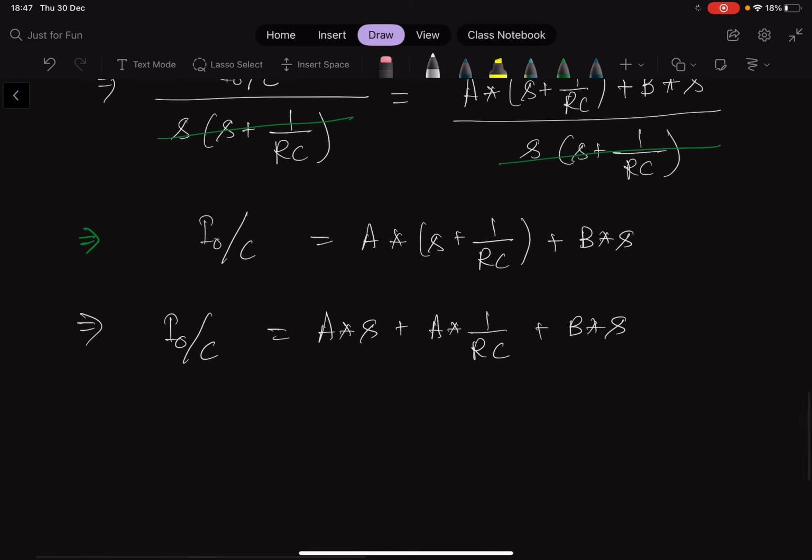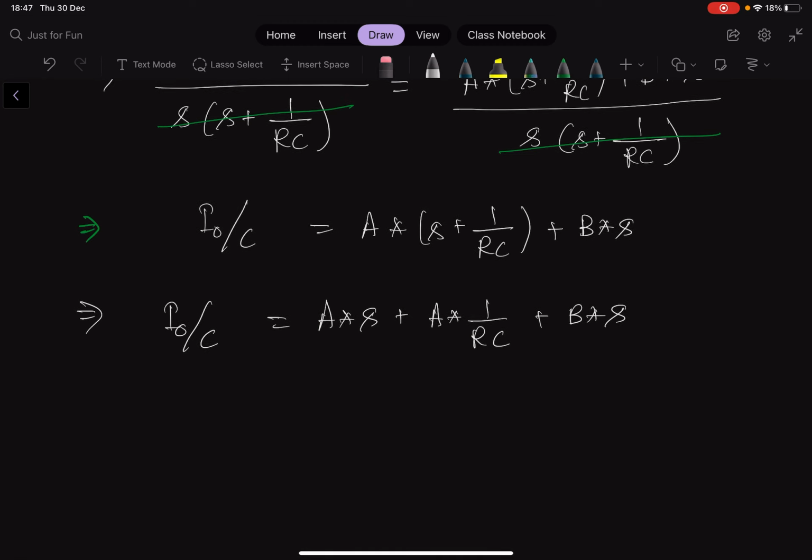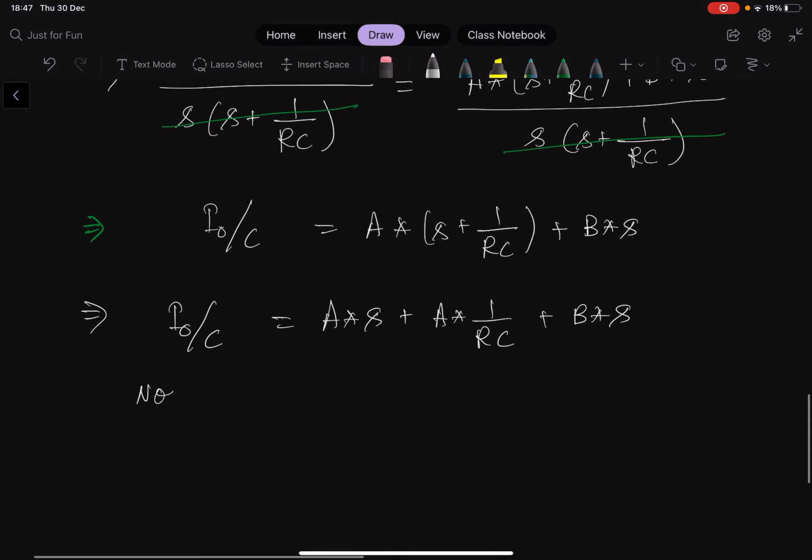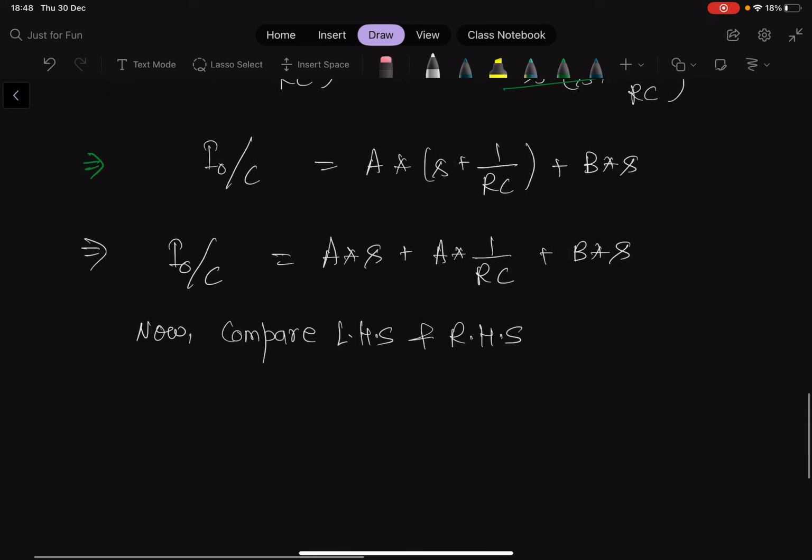Now we can compare the left hand side and the right hand side for different terms.